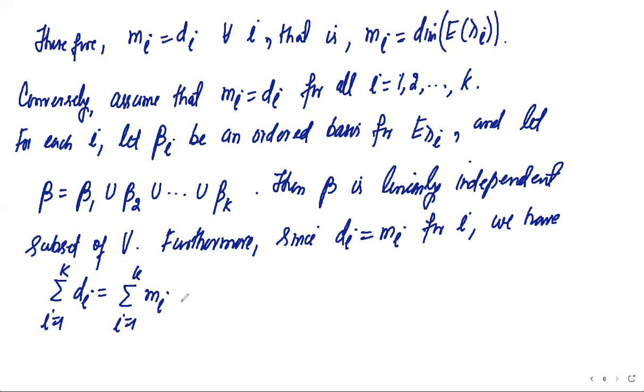But now the sum of all algebraic multiplicities is equal to the dimension of the vector space, n.